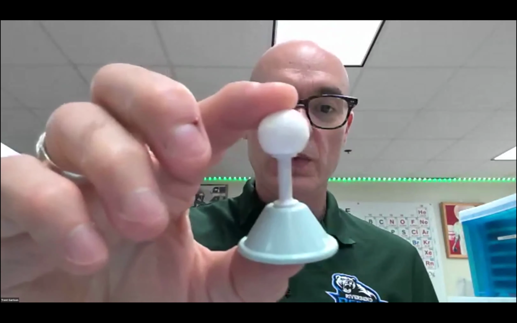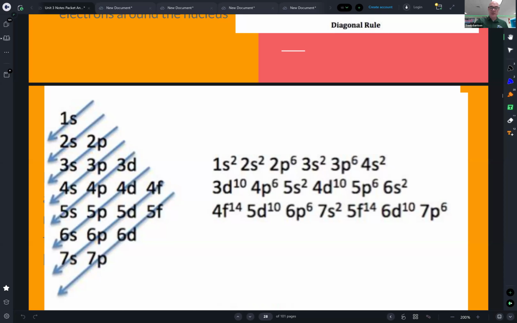Because S's are spherical, and I want you to know that that relates to the periodic table. So let me share my screen with you, and we can talk about where those S's are in the electron configuration. So you have these cheat sheets with you, and they help you as far as knowing what the electron configuration is.